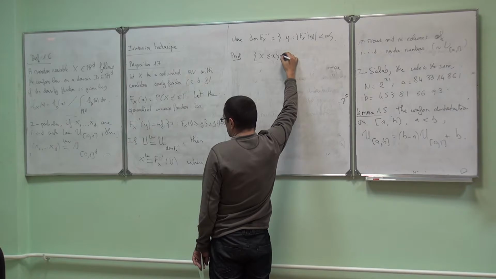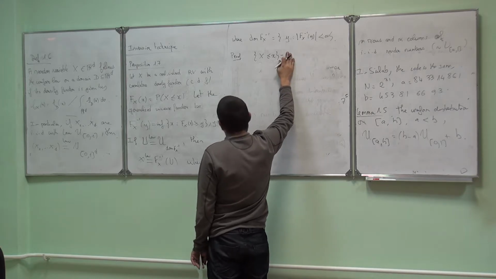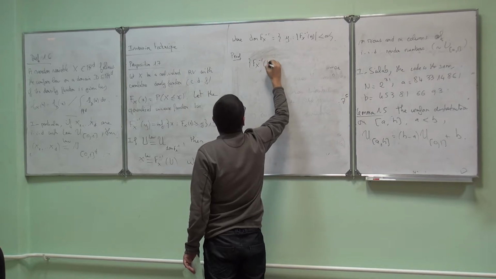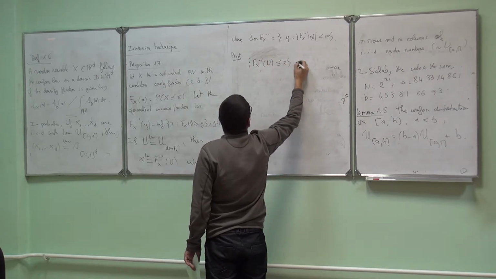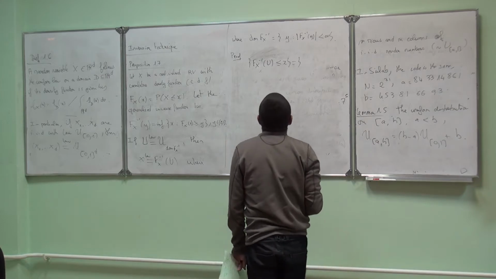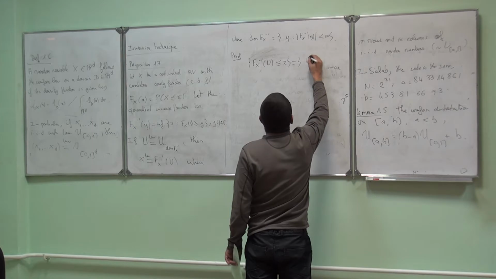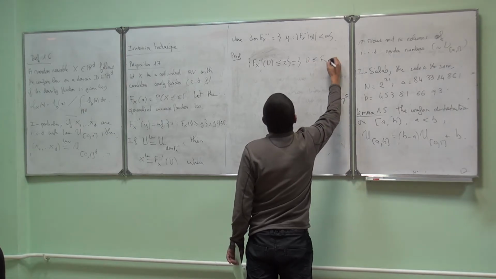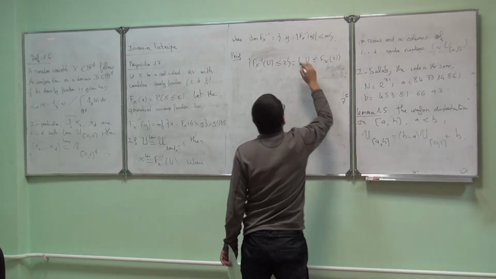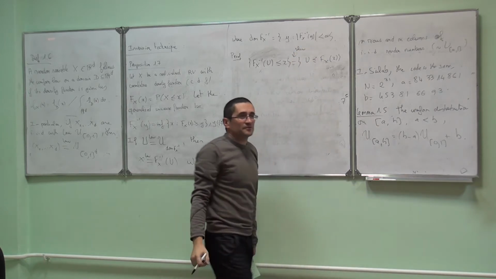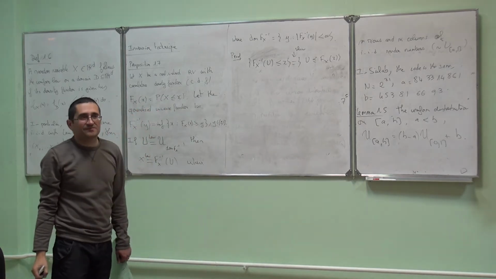Sorry. Fx^-1(u) less than x is the same thing as u less than Fx(x). So we need to show this equality.